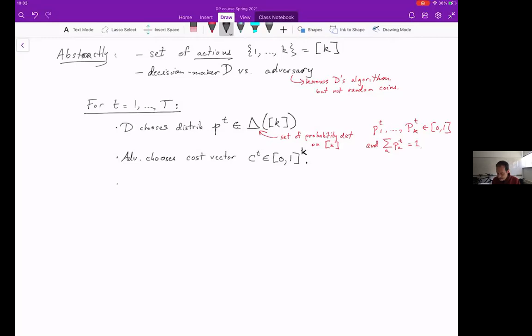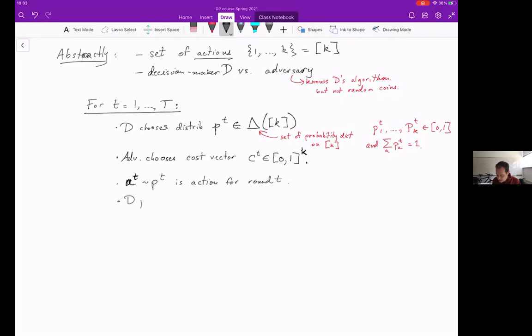Okay, and then they execute. So then we choose an action for D, where the action a_t is the action for round t.